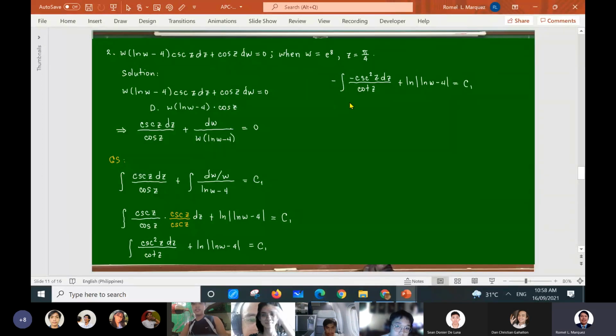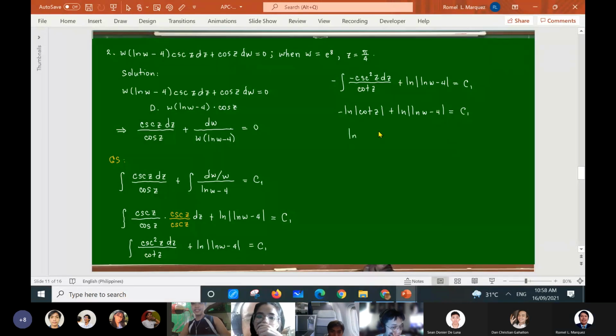We can now integrate this. Negative du over u, negative ln of the absolute value of cotangent z, plus ln of w minus 4. I can combine these two logarithms. Actually, this is already the answer, but not in simplified form, no? So, starting here is the general solution. But we are trying to remove the integral sign and then simplify, no?